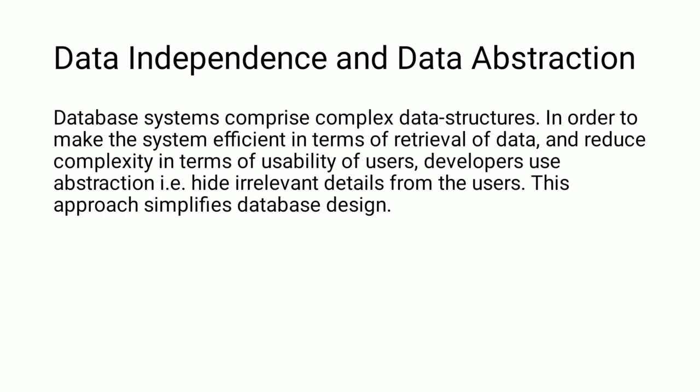In order to make the system efficient in terms of retrieval of data and reduce complexity in terms of usability for users, developers use abstraction, that is, hiding irrelevant details from the user. This approach simplifies the database design.